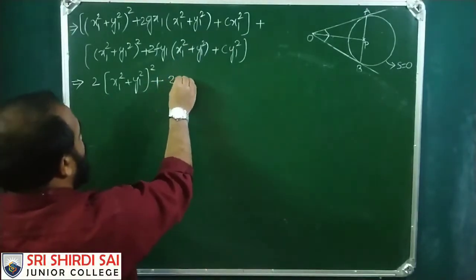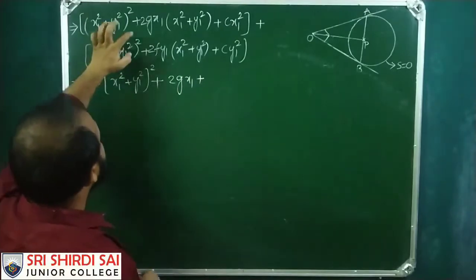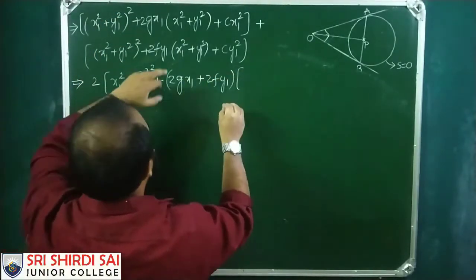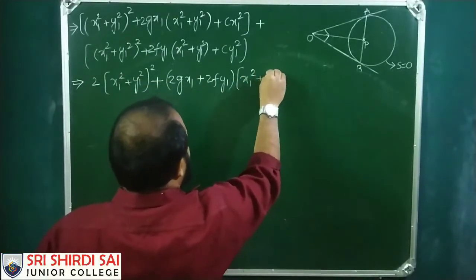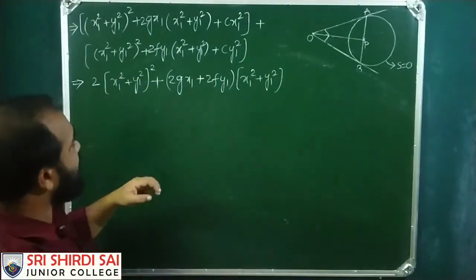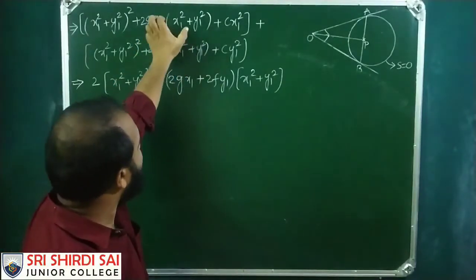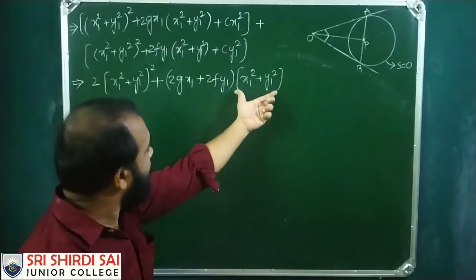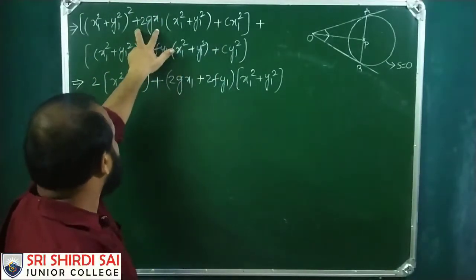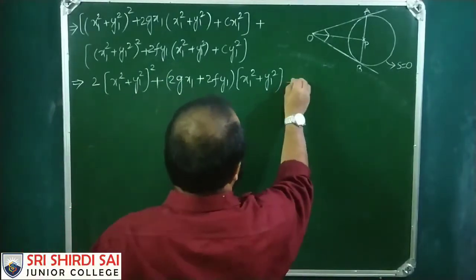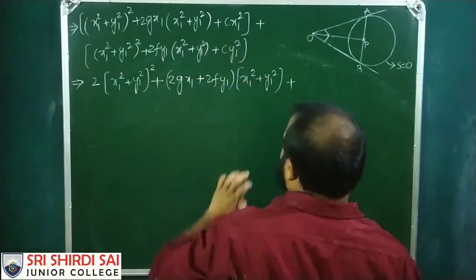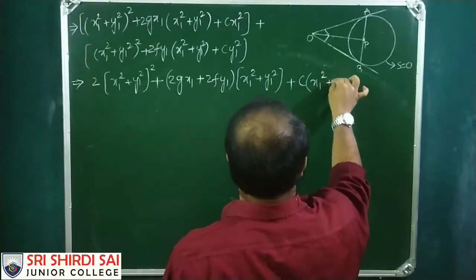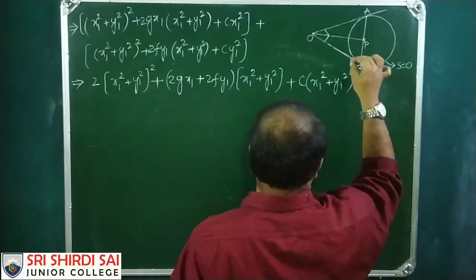So I have just taken x1 square plus y1 square common in both of these terms. I am left with 2gx1 plus 2fy1 plus cx1 square plus cy1 square. Take c in common, then x1 square plus y1 square equals 0, I got.